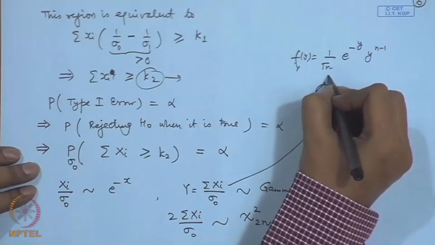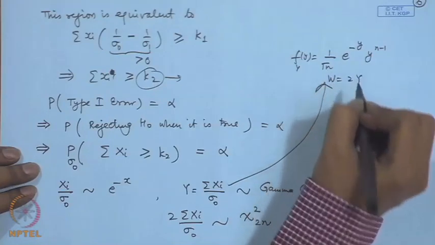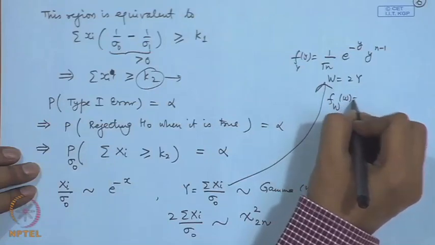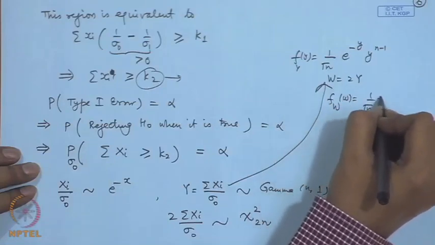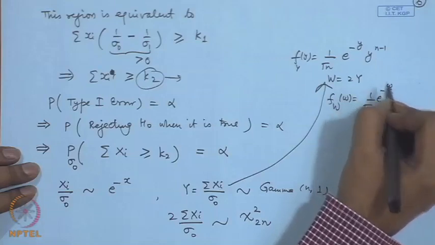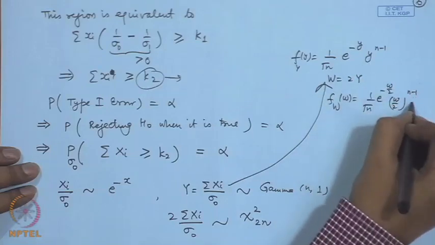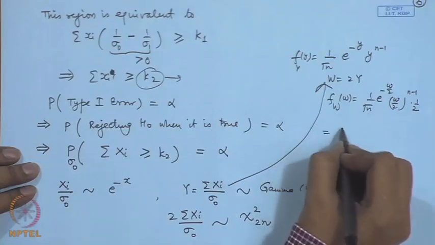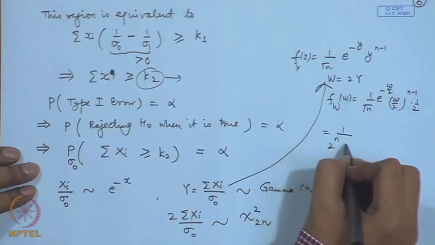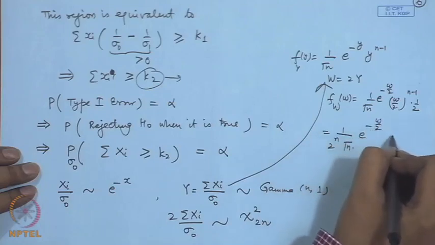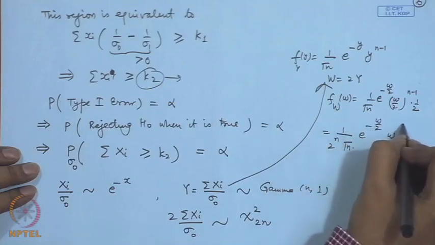So, if I consider say w is equal to 2y, then what will be the distribution of w? 1 by gamma(n) e to the power minus w by 2, w by 2 to the power n minus 1 into half, that is equal to 1 by 2 to the power n gamma(n) e to the power minus w by 2, w to the power n minus 1.